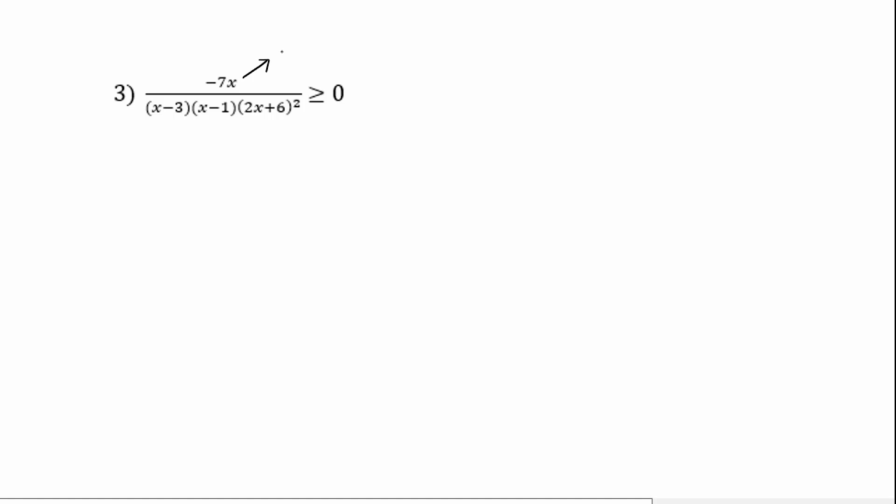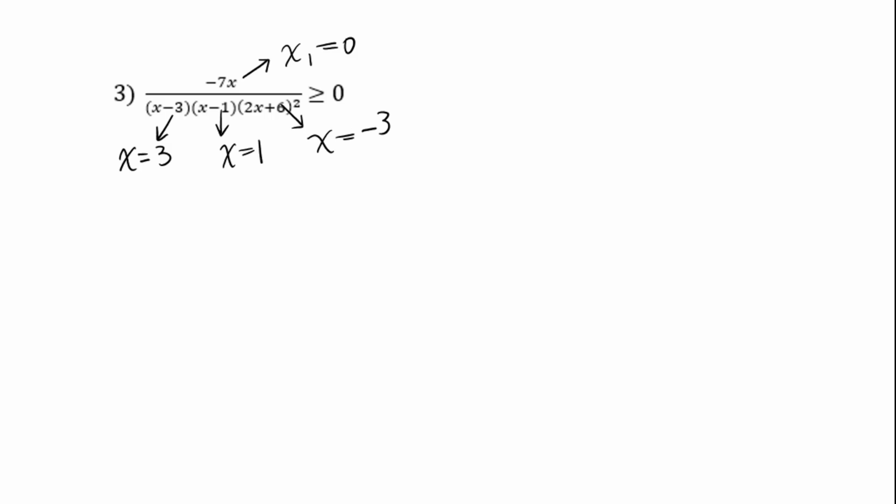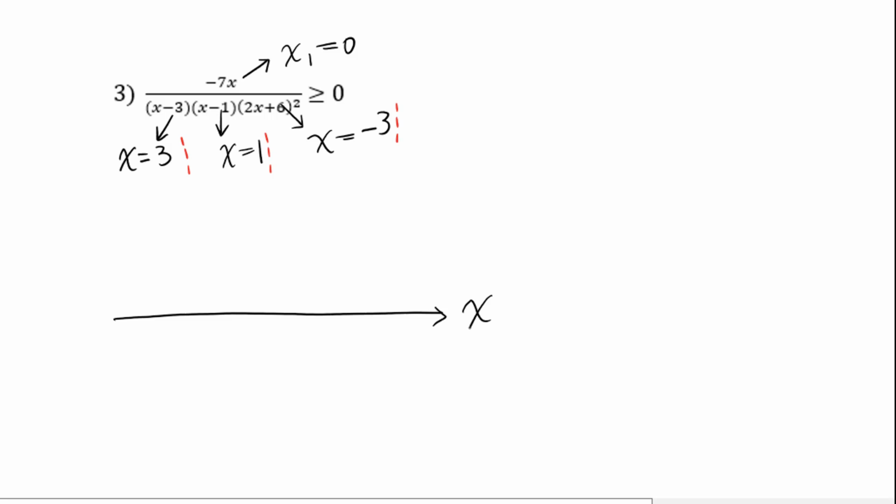For the roots, we get x1 equals 0. The asymptote lines are x equals 3, x equals 1, x equals negative 3. We need to draw this x-axis.